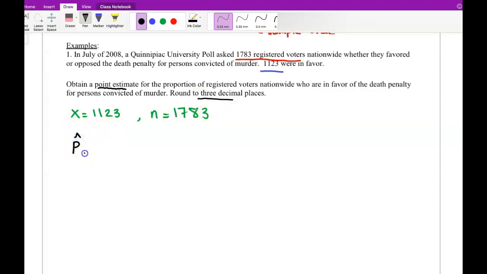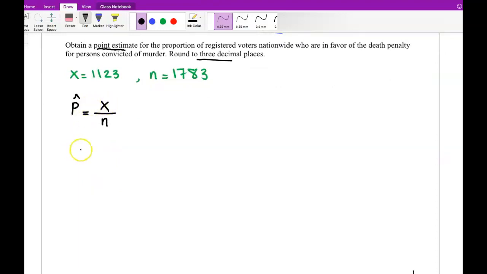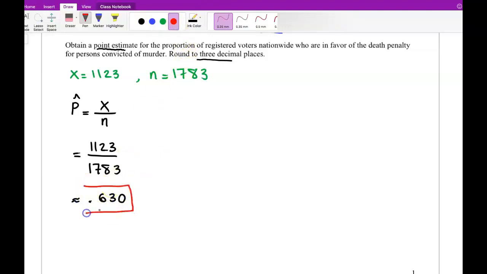Using p hat equal to x divided by n, x is 1,123 and n is 1,783. Dividing and rounding, we have 0.630. So this is our answer for this part.